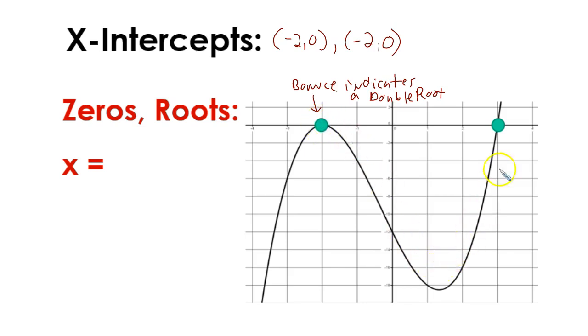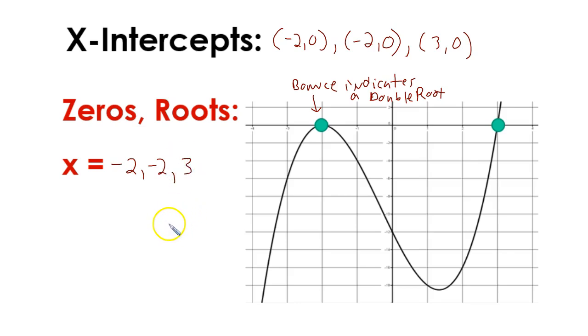If it goes through the x-axis, then it's only a solution 1 time. So (-2, 0) is the same solution twice, the same x-intercept twice, and the one on the right is just (3, 0), just 1 time, because it only goes through it. Bounces indicate a double root. So when I'm listing out my roots, this is going to be a root at -2, -2, and 3.